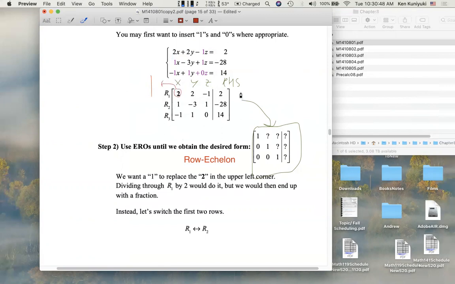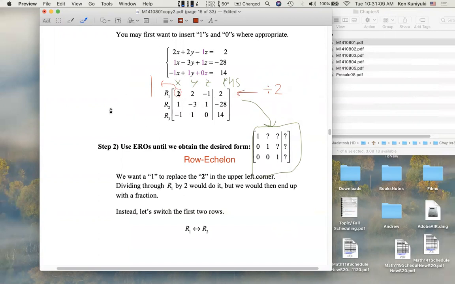And there are a couple ways you can do this. You could divide the top row by 2. That would work out, but then you get a fraction there. Not horrible, but you would get a fraction there.